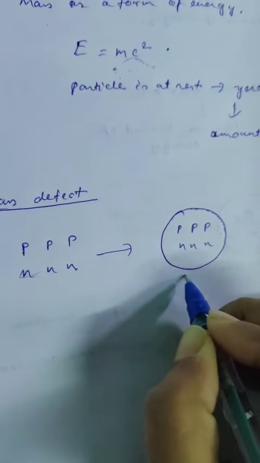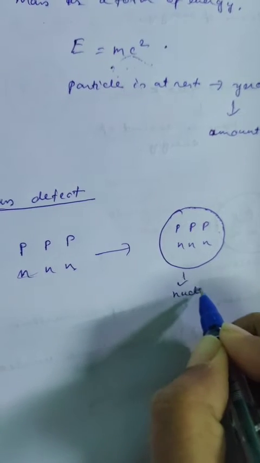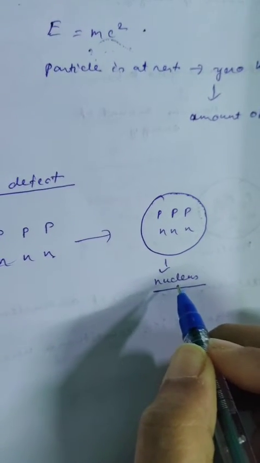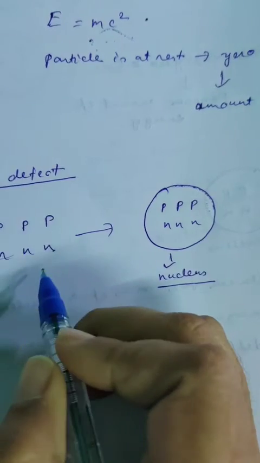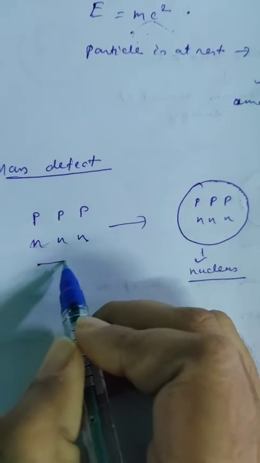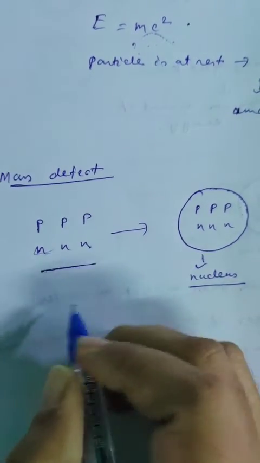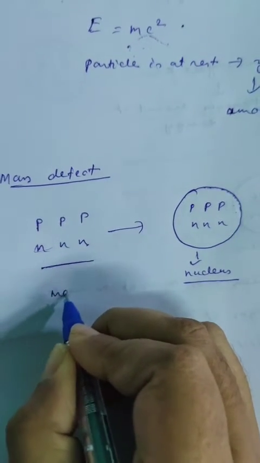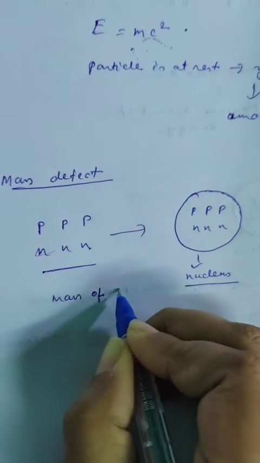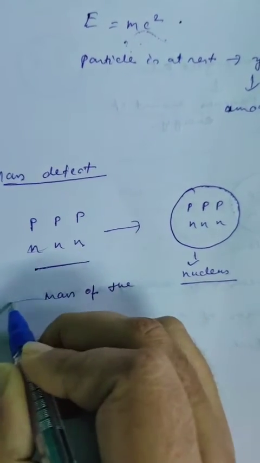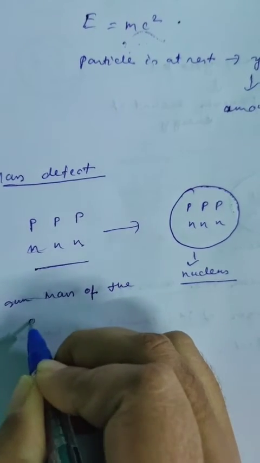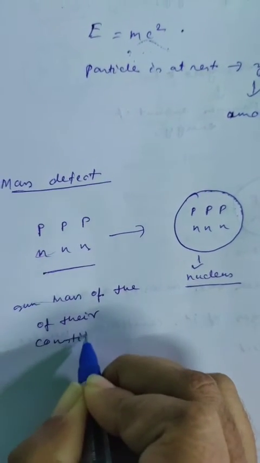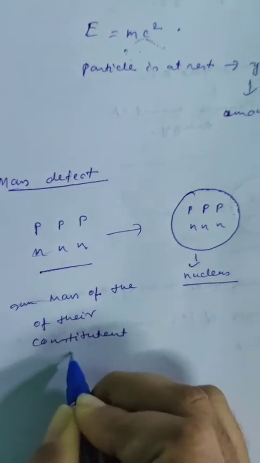So it is seen that the mass of this nucleus is always less than the sum of the masses of their constituent nucleons.